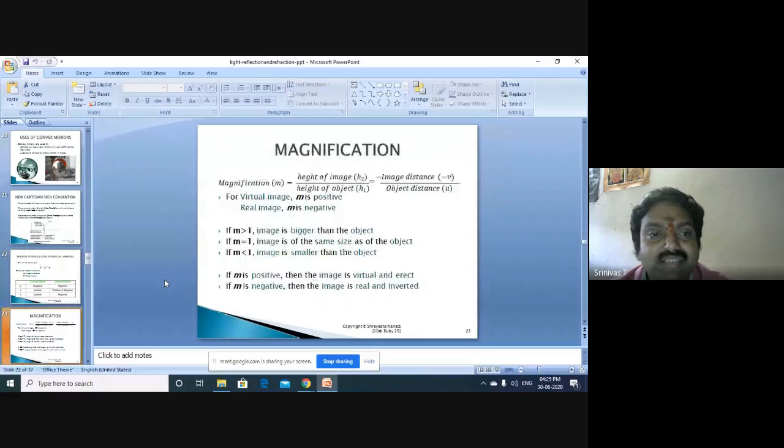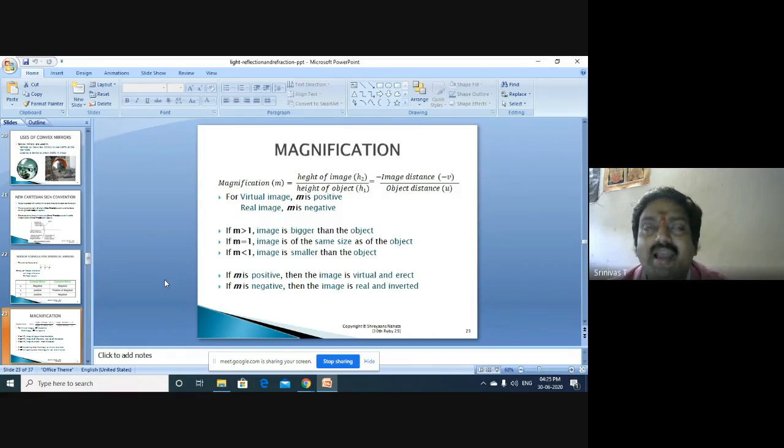Now there exists an important formula relating the height of the image and the height of the object. That is called magnification. As the name implies, it tells how much magnification is applied by a mirror on an object, and with what magnification the image comes out.